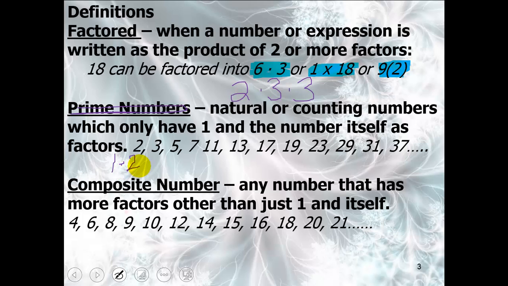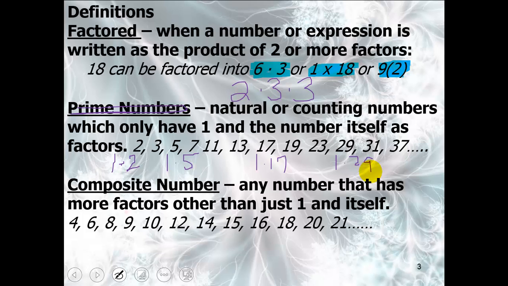So 2 can be factored only into 1 times 2. 5 can be factored only into 1 times 5. 17 is factored only into 1 times 17. 29, 1 times 29. A composite number, when you hear the word composite, you know that it has more than just 2 factors of 1 and itself.